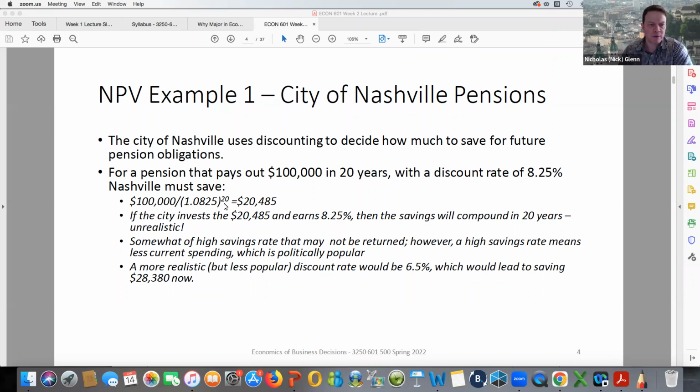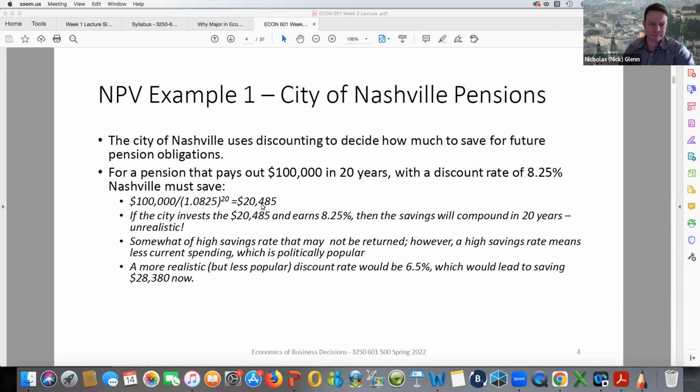But anyway, to determine this present value, or what you need to put into this pension plan to have 100,000 20 years from now with a discount rate of 8.25, you take the 100,000 and divide it by 1 plus the discount rate, 0.0825 in decimal form. But then you raise it to the 20th power because it's 20 years into the future. And what it gives you is $20,485.